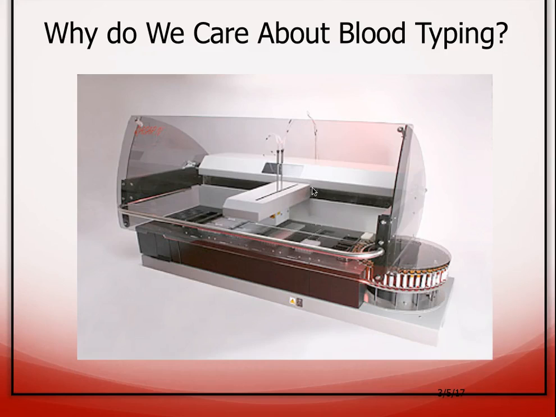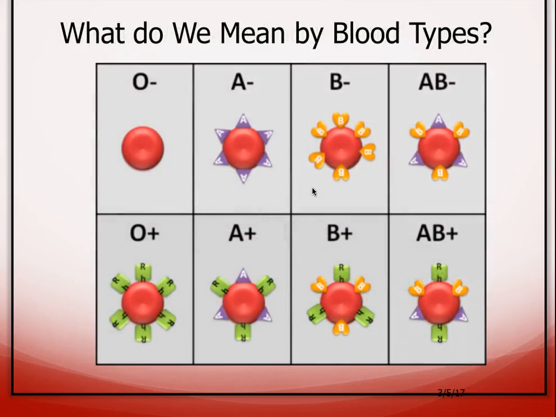Even though this is automatically done for you in a hospital or clinic, sometimes you have to do a manual double check to make sure the machine didn't make a mistake before completing a transfusion, because again, it can be deadly. Sometimes you simply have to go old school, and you'll be seeing those processes in lab.